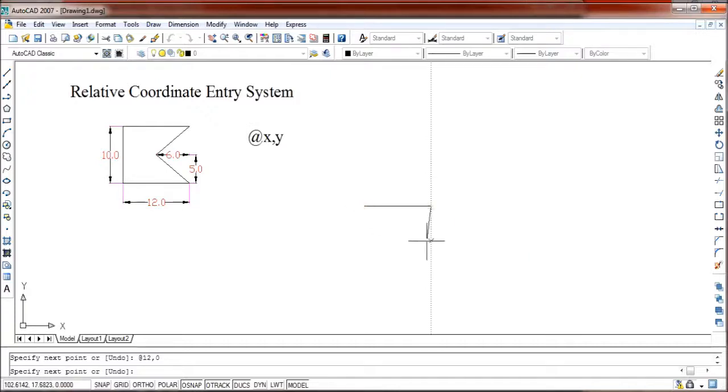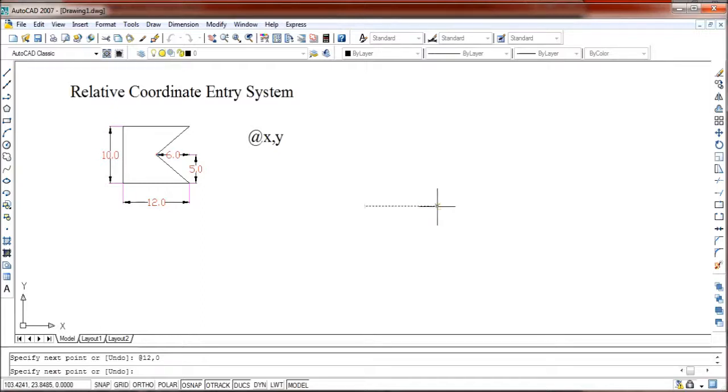Now the reference point is changed from this point to this point, because with relative, the reference point changes. So the next point is this point. This point is located 6 distance to the left of my reference point and 5 distance towards the positive y-axis.